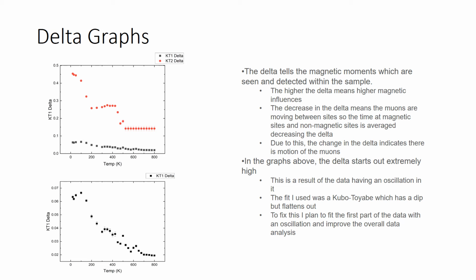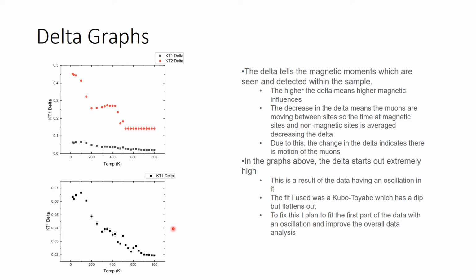In the graphs above, my delta from my fit starts out extremely high, and then it starts to decrease, and this is a result of the data having an oscillation in it. As you can see, it seems like it's almost oscillating here, which is a result of the data itself, the asymmetry versus time graph, actually having an oscillation in it.